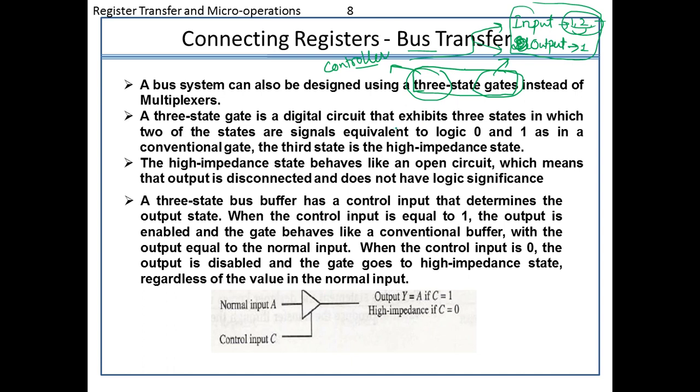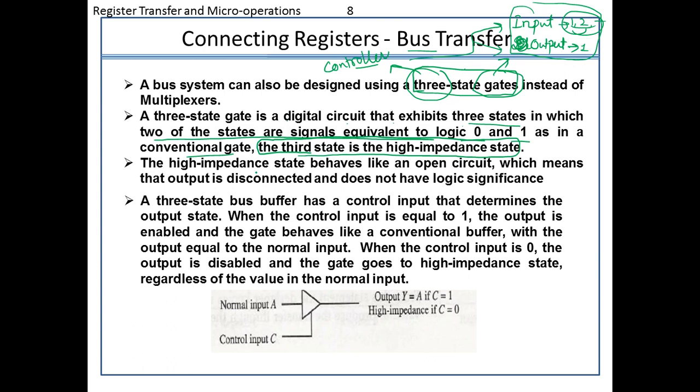So let's understand in more detail. A three-state gate is a digital circuit that exhibits three states, in which two of the states are the signal equivalent to logic 0 and logic 1 only, as in the conventional gates. The third state is nothing but the high impedance state, which will restrict the flow of input towards the output.